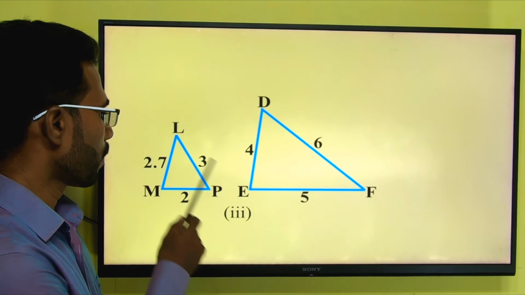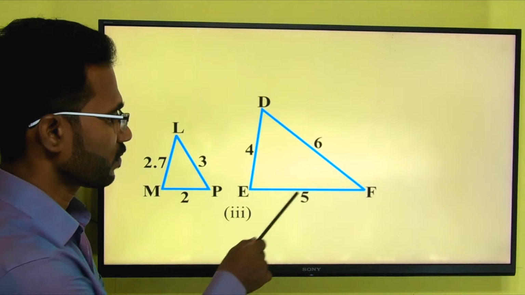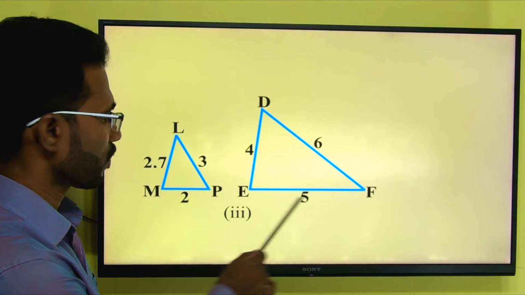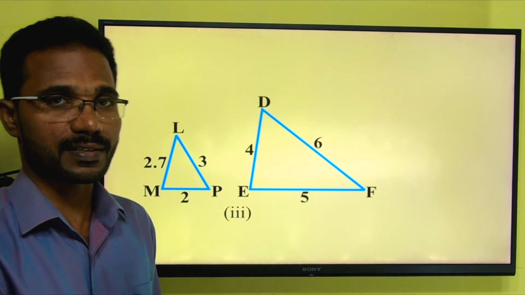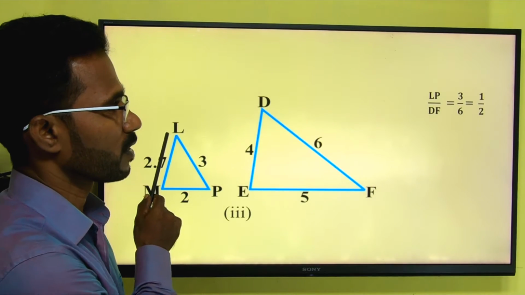Here the measurements of the sides are given. As soon as you look at the image, 2.75, immediately you can say this is not a similar triangle. Anyway, step by step we'll go.